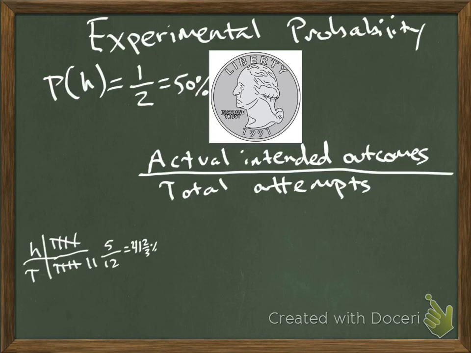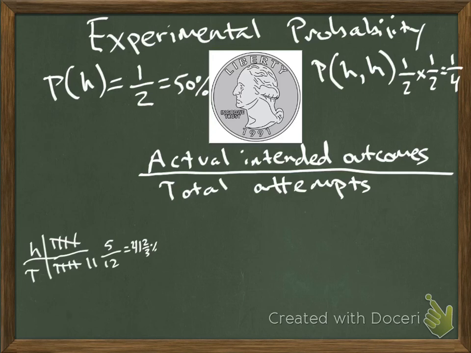Now, let's talk about experimental probability with some more compound or complex events. Let's go back to that probability of doing heads and heads with 2 different coins. Well, we've already described that it's a 1/4 chance of happening. We would need to build a table just like we did before. And our table would need to include the possible outcomes that could happen in this case.